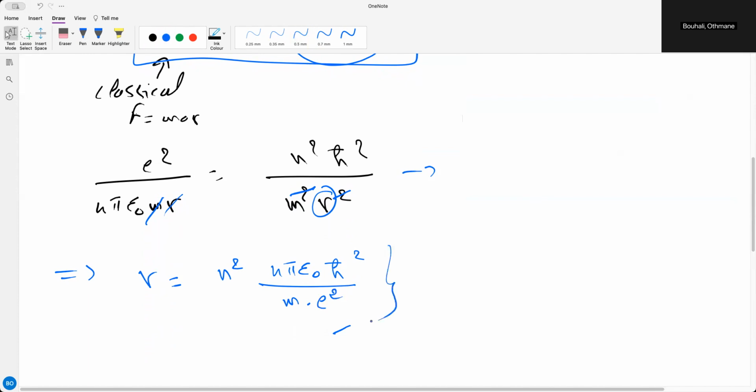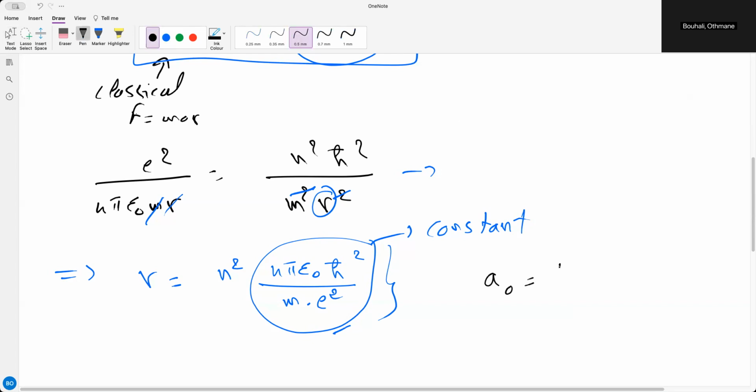What do you see here? This is a constant. If you calculate this constant, we call it A0, and A0 is equal to 4 pi epsilon 0 h bar squared over m e squared. So epsilon 0 is a constant, the permittivity of free space.